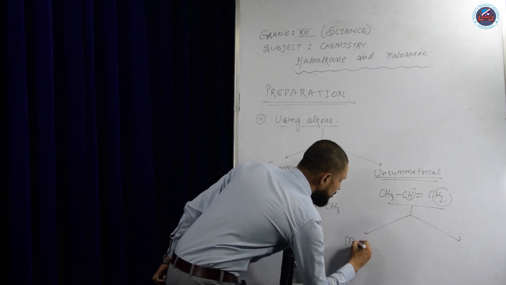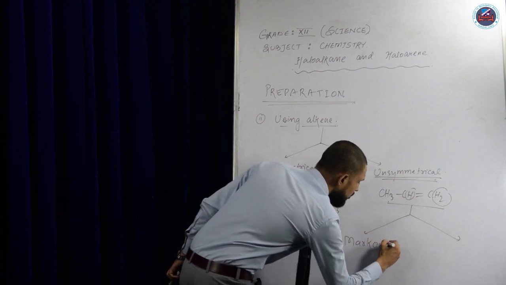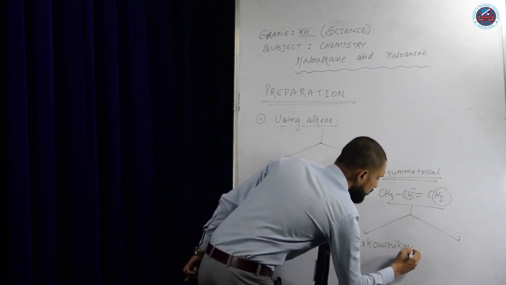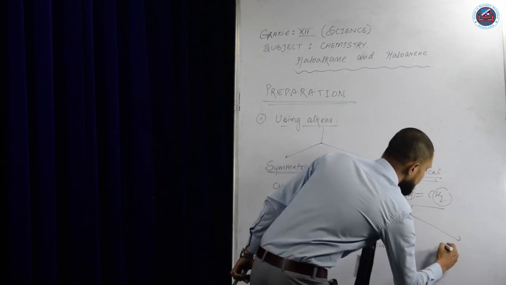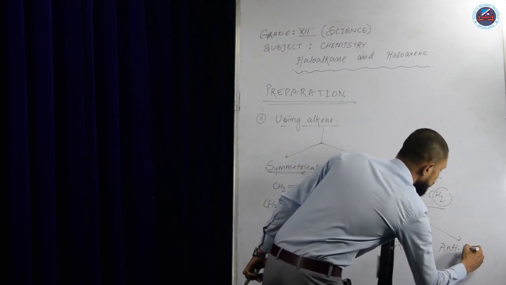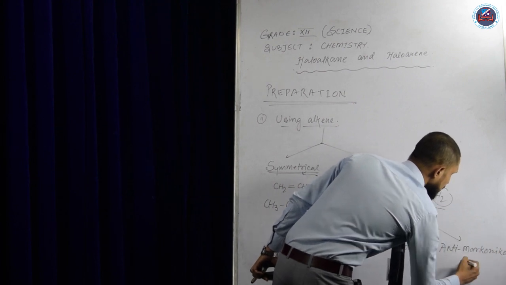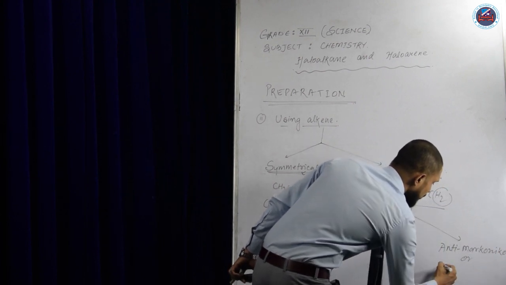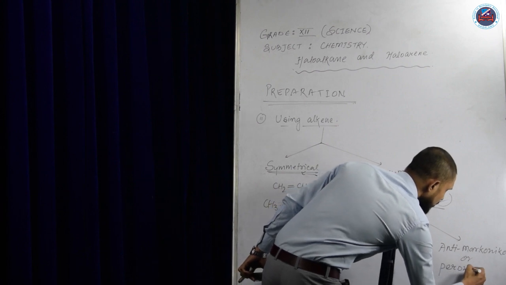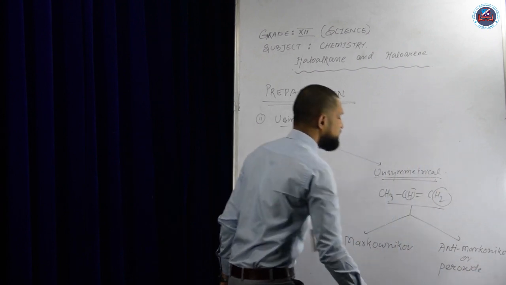That is Markovnikov rule and anti-Markovnikov rule. And this anti-Markovnikov rule is also known as peroxide effect.